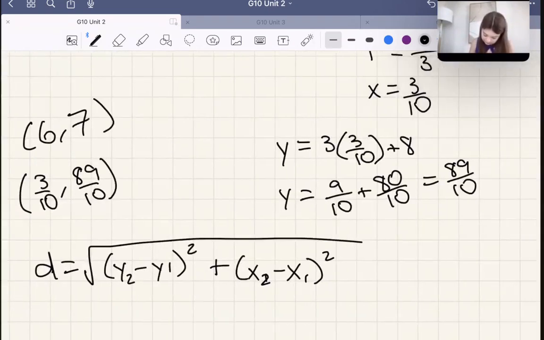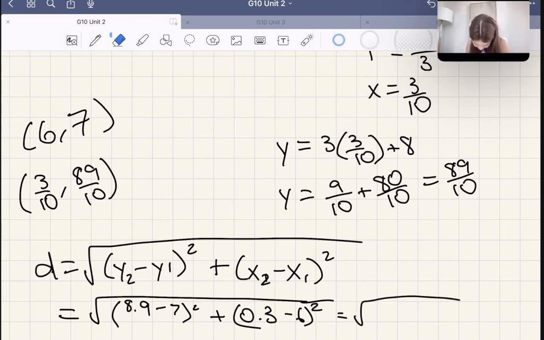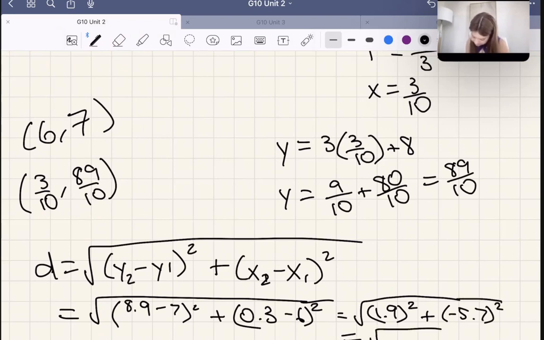So that's going to be 8.9 minus 7 squared, and 0.3 minus 6 squared. That's the square root of 1.9 squared plus negative 5.7 squared.